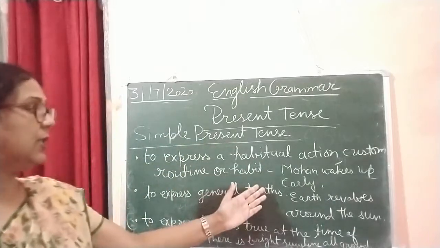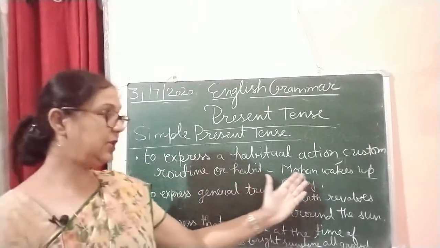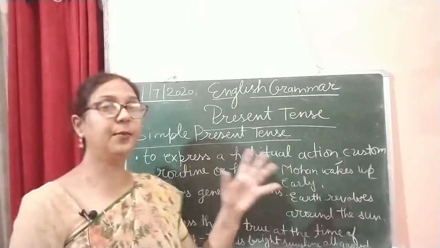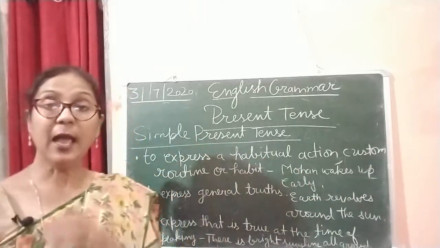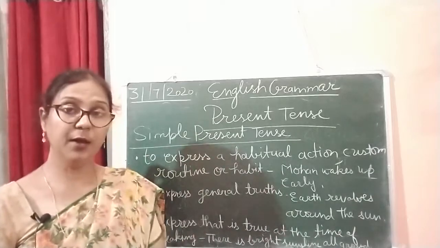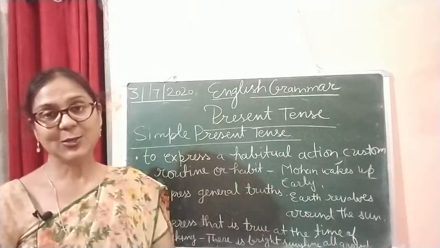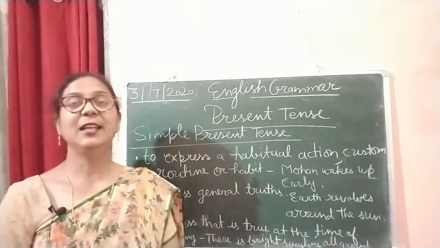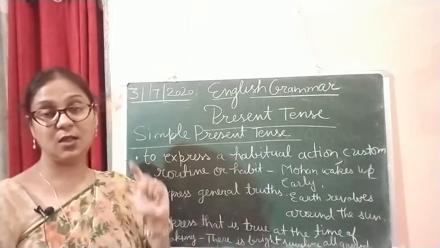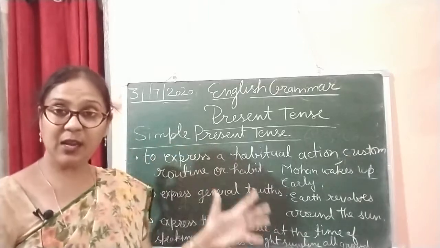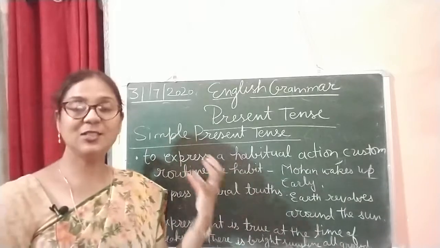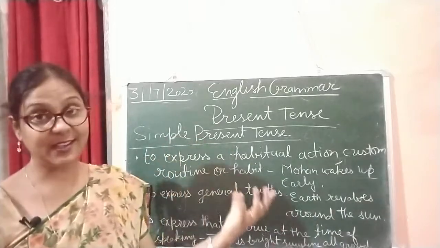Now here you can see the example I have written over here. Mohan wakes up early. So this is the habit of Mohan, or you can say the routine of Mohan, to wake up early. So simple present tense always shows the habitual action, custom, or routine of a particular person.